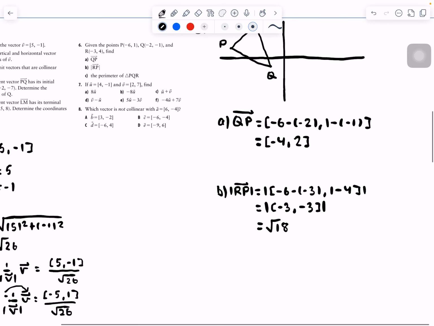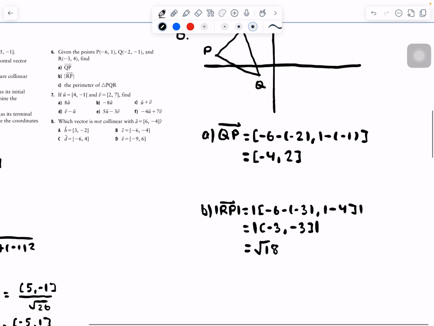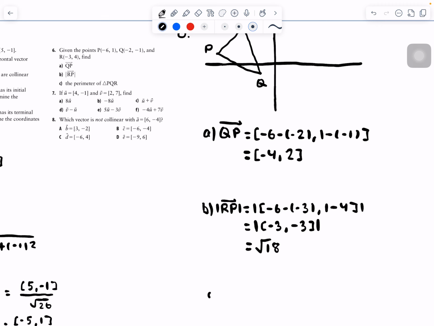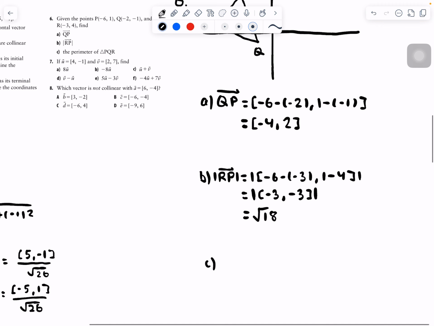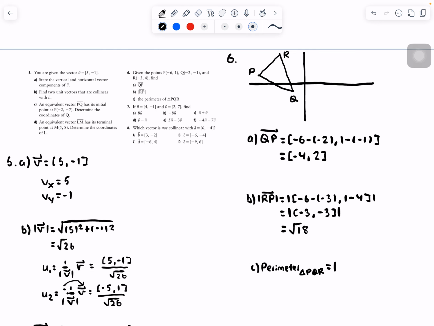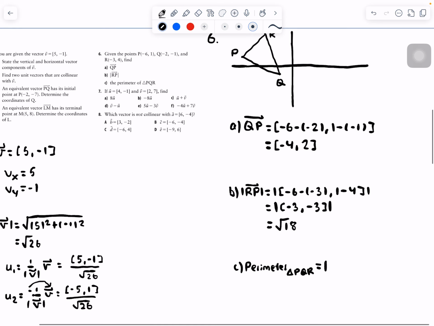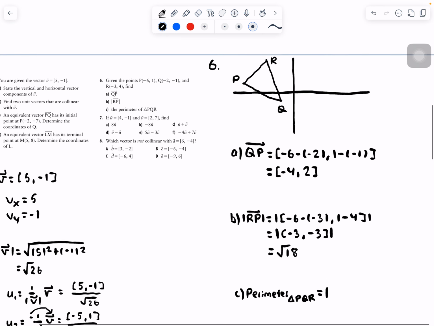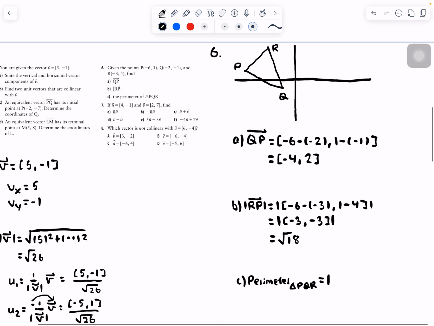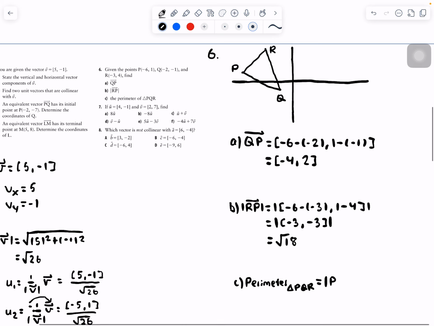And then it's asking us to calculate the perimeter of triangle PQR. So, perimeter. We're going to need all the side lengths of the triangle. So, we'll use RP because we got that one.